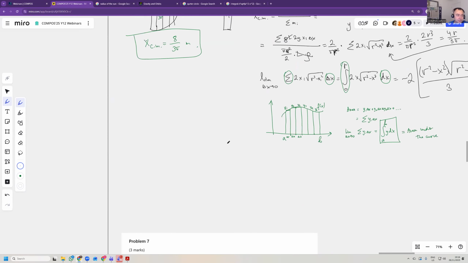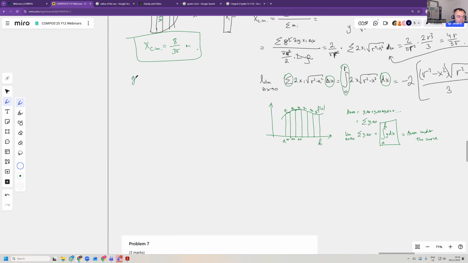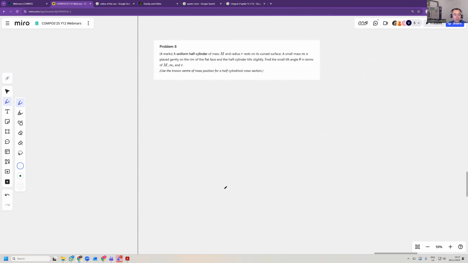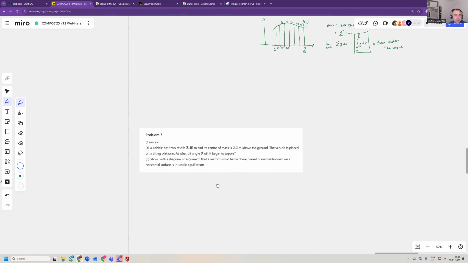In general, x center of mass is 4r over 3 pi. Okay. Problem 7.